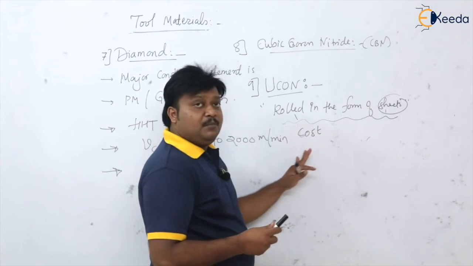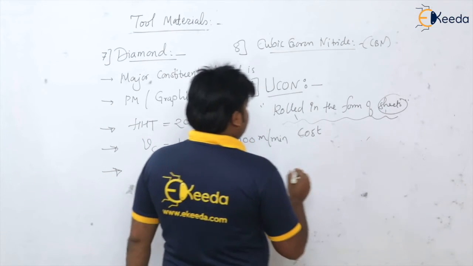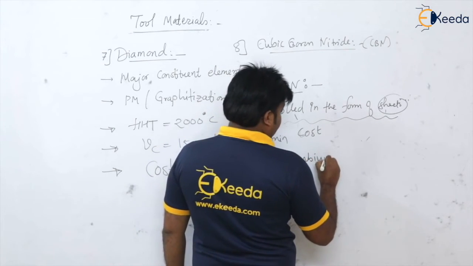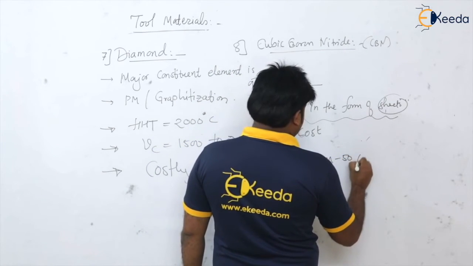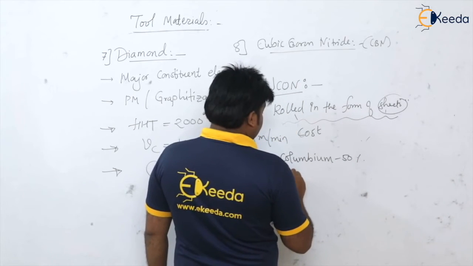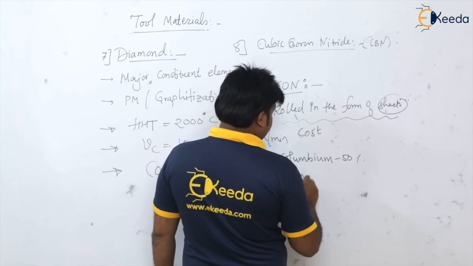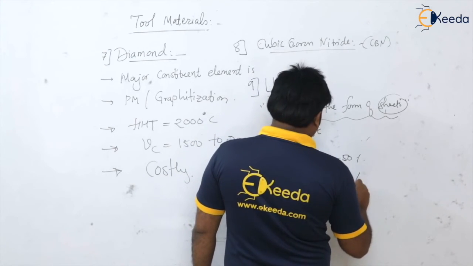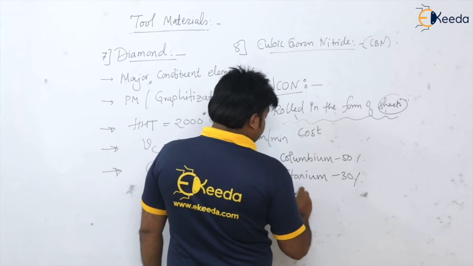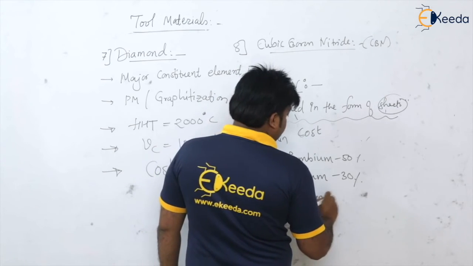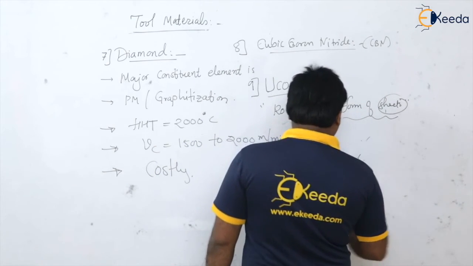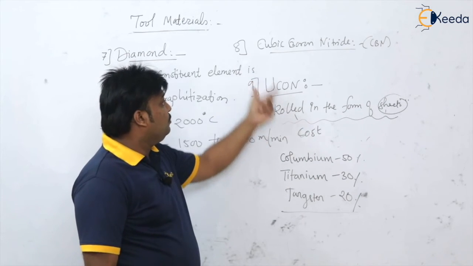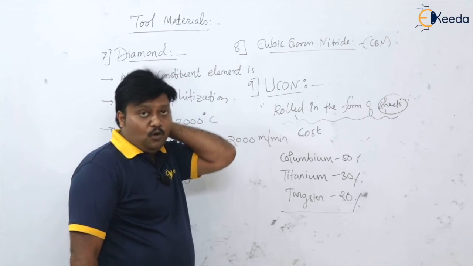If you look at the composition of Yukon, we have columbium 50%, titanium 30%, and tungsten around 20%. This is the one after CBN.